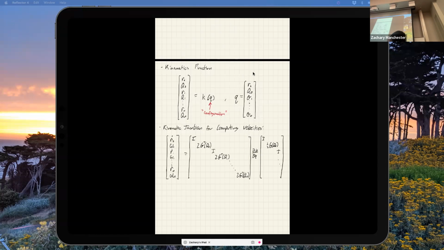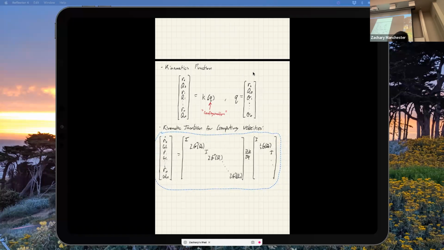And this is going to multiply the V that we actually want to have. That being, in here, r dot naught, omega naught, and then all the joint angle derivatives.